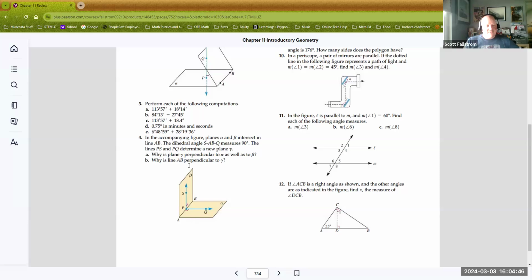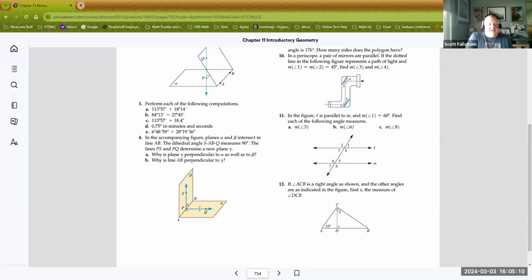And it says, why is AB perpendicular to the plane? AB is perpendicular to the plane because of the definition of perpendicularity with a plane. As that line goes through it, that line is perpendicular to any line in that plane that it passes through. So that means it forms a 90-degree angle with any of them.